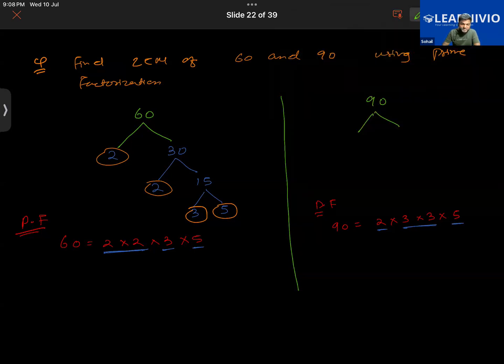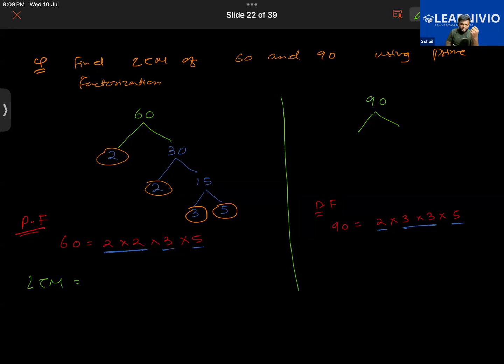Now the method says that, as we have written the prime factors of the given numbers, in order to find the LCM you are going to take only those prime factors that have the maximum number, that are more in number.